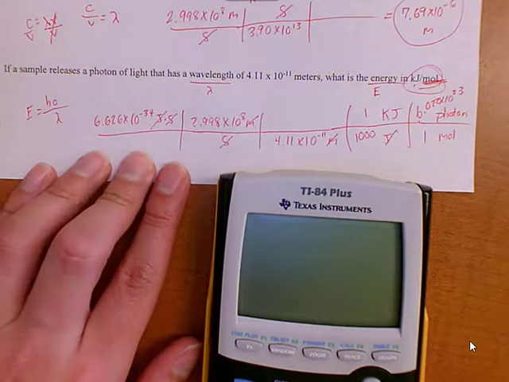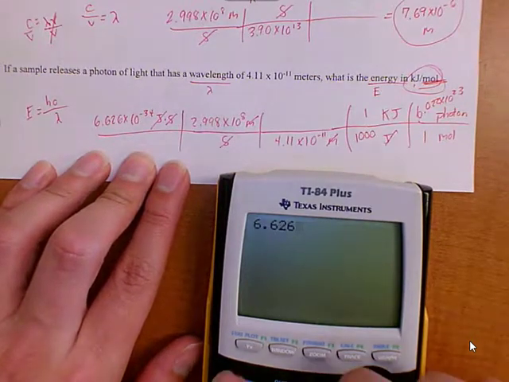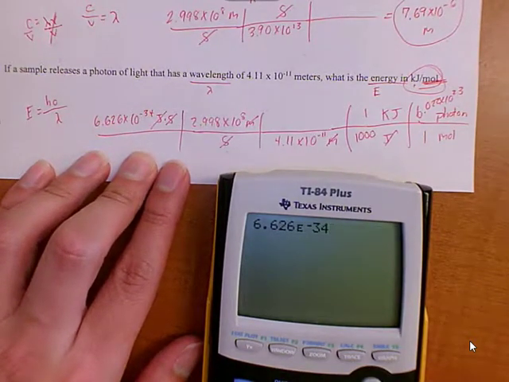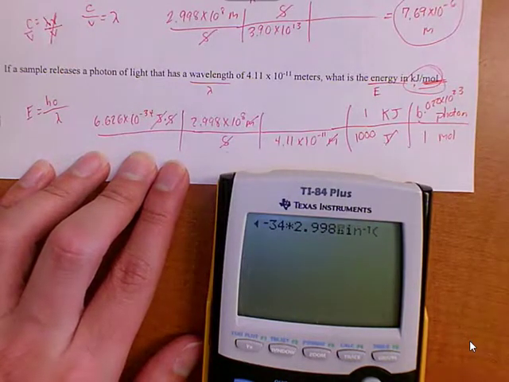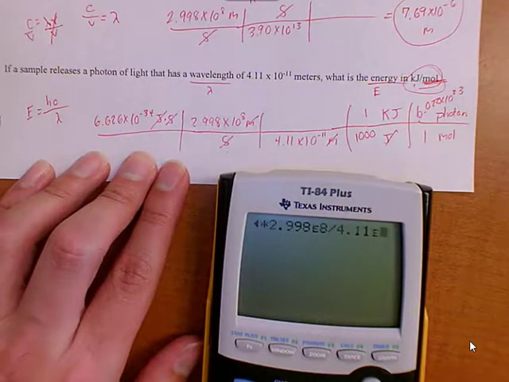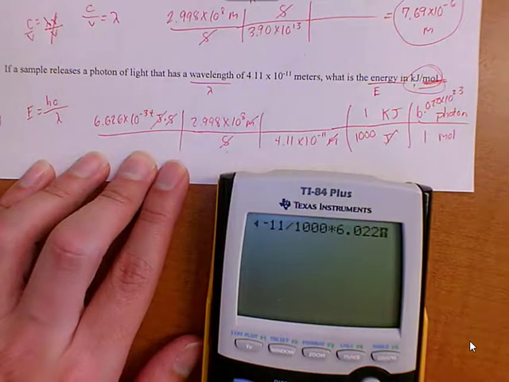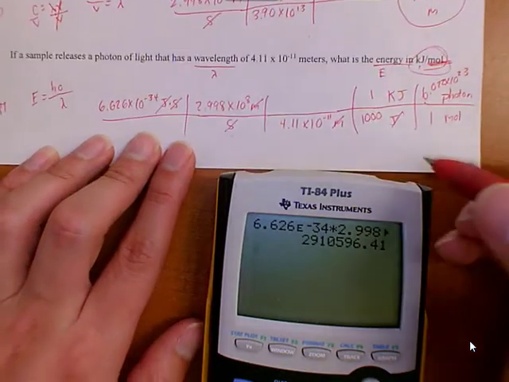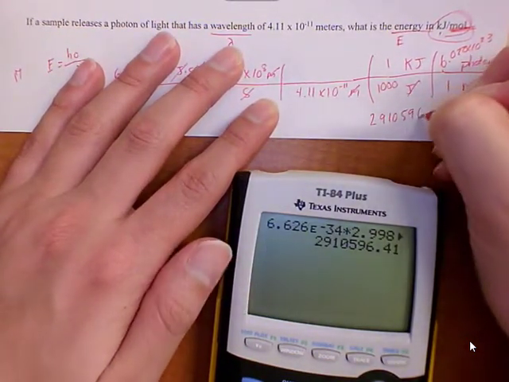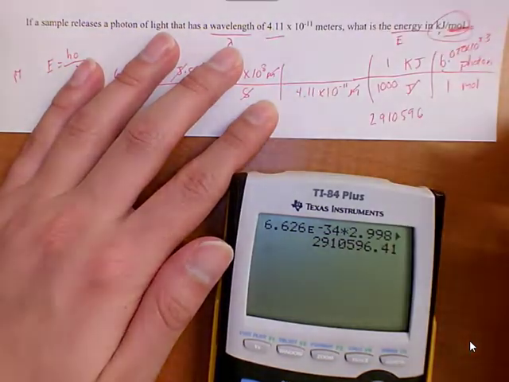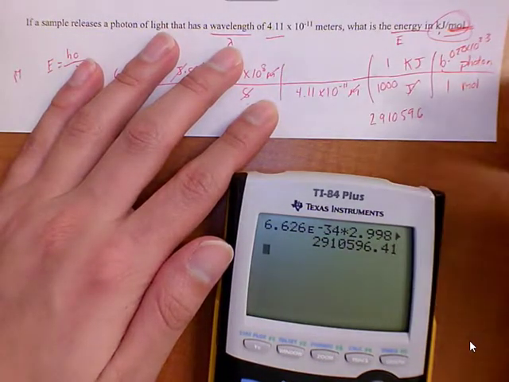Putting this into the calculator. And I got this, which is 2910596, but I need it in 3 significant figures, so I'm just going to put it in scientific notation.